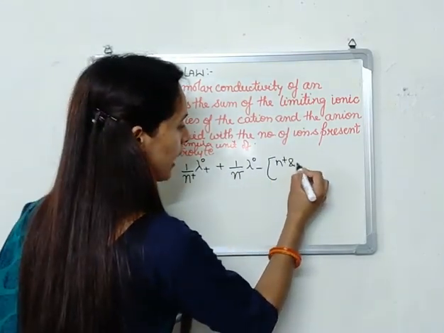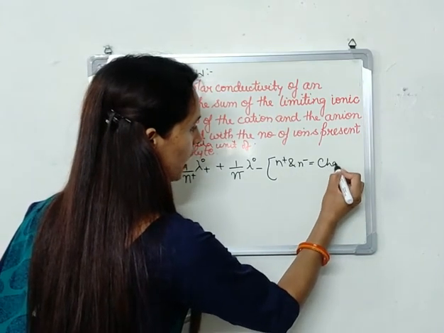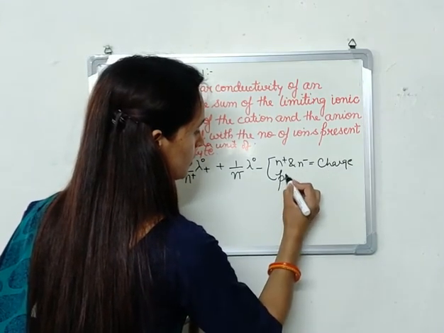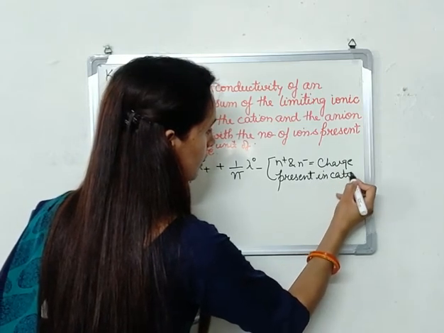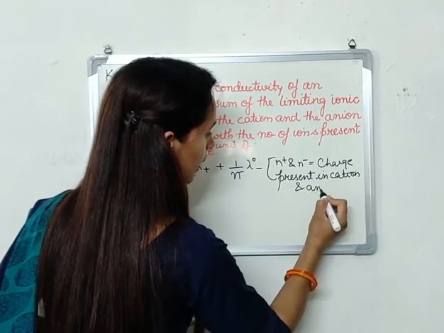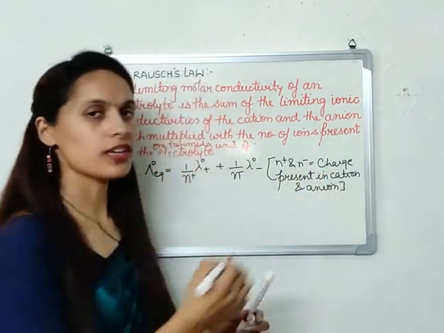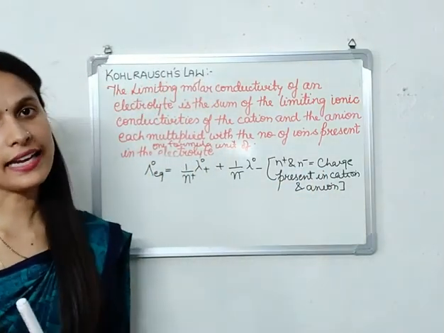N positive and n negative are the charges present in the cation and anion.